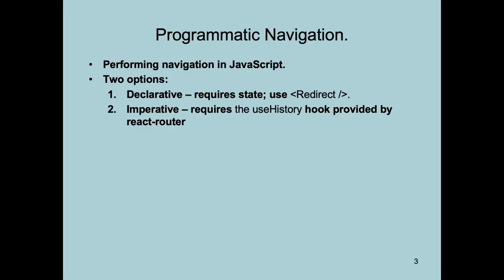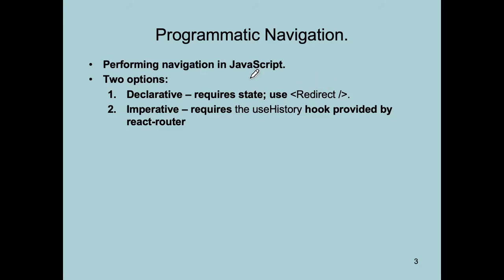With the declarative approach, we actually have to have a state variable within the component that's specifically there for the purpose of achieving this programmatic navigation. And we use the React Router's own Redirect component as part of the solution as well. We've actually seen this before, but we haven't talked much about it. It's pretty obvious what the Redirect component does from its name.